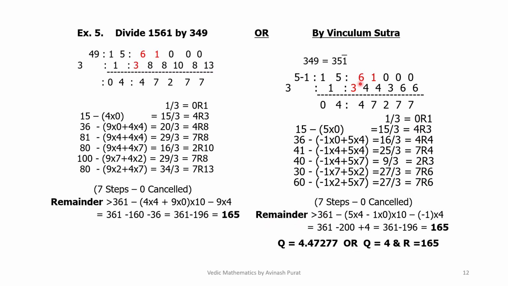So remainder is 361 minus (5 into 4 minus 1 into 0) multiplied by 10 and minus 1 into 4, that is 361 minus 200 plus 4, that is 361 minus 196 is 165. Quotient is 4 and remainder is 165.